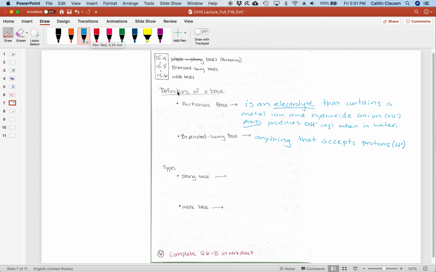So a strong base should have a similar definition based on what you've already seen. If it's strong, it should dissociate completely to give hydroxide anions in water.